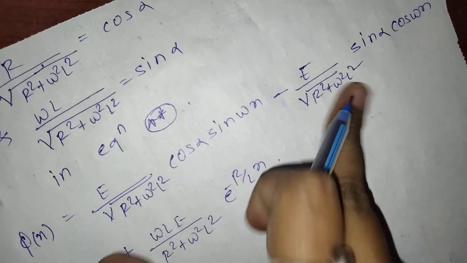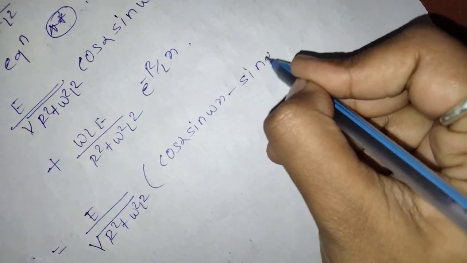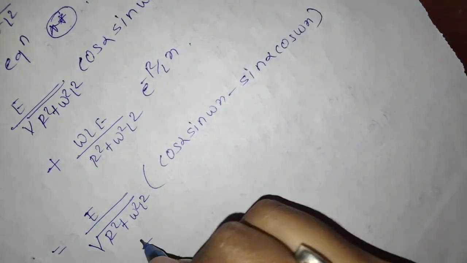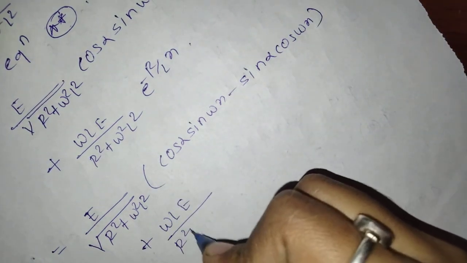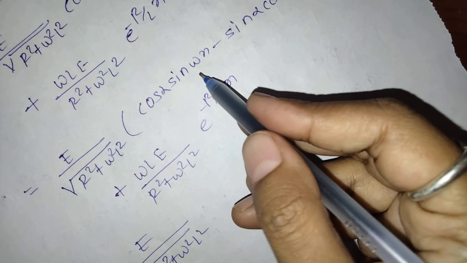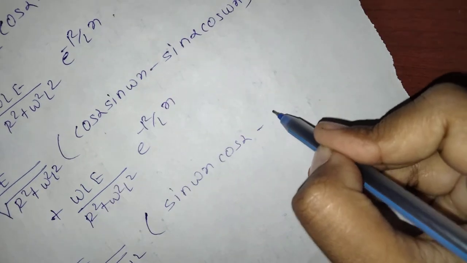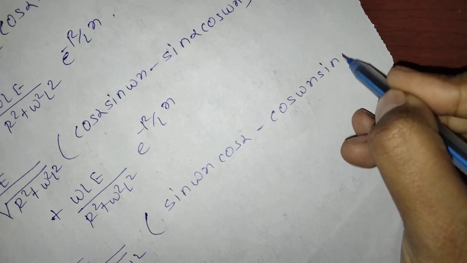From these two terms we get E upon under root R square plus W square L square into cos alpha sin Wx minus sin alpha cos Wx, plus WLE upon R square plus W square L square e raised to minus R upon Lx. Cos alpha sin Wx minus sin alpha cos Wx, you can write in the form of sin Wx cos alpha minus cos Wx sin alpha.